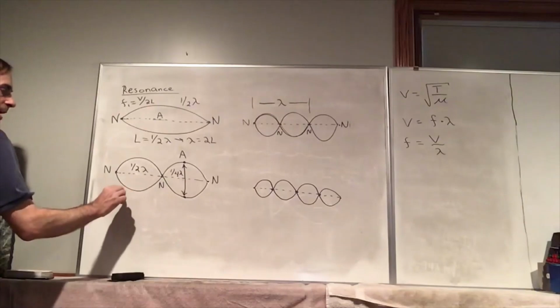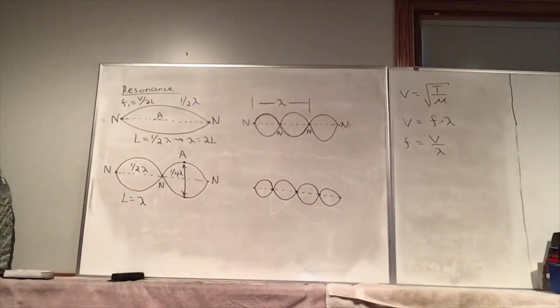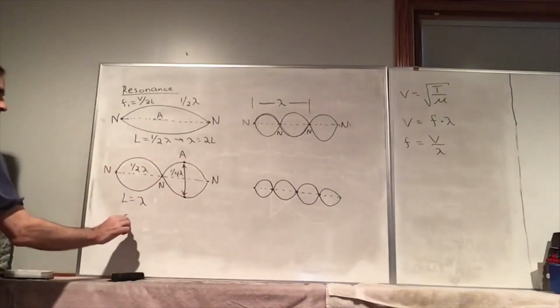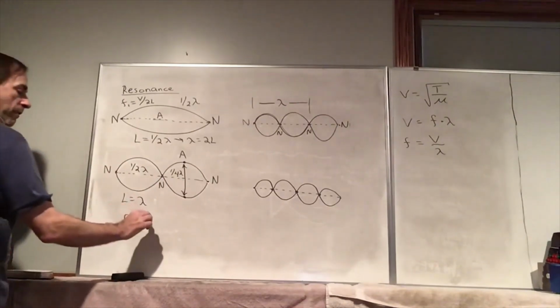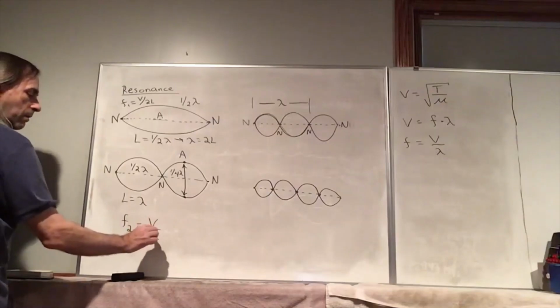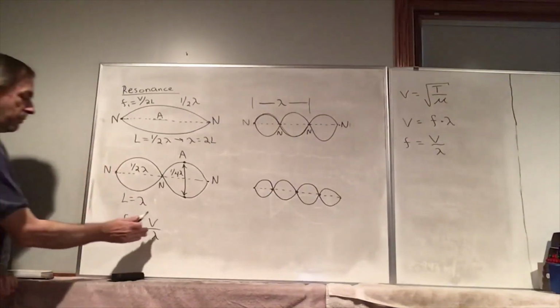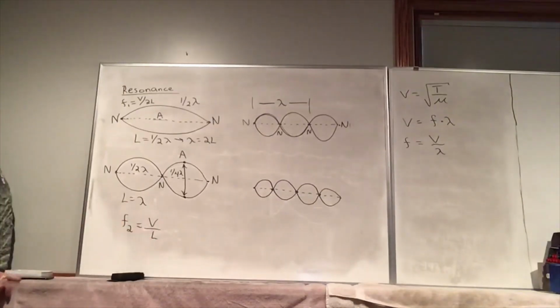So we can say that L is equal to lambda. And I'm going to call this F2 because this is the second frequency that will resonate. So F2 is equal to V over lambda. I'm sorry, V over lambda is correct, but lambda is equal to L. So F2 is V over L.